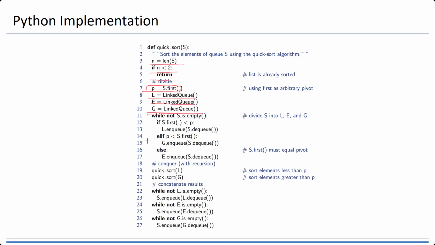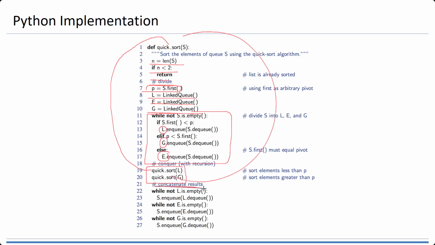And then we do the splitting. Where is the L? Where is the G? And where is the E? After that, we will do the recursion, quicksort L, quicksort G, and after that, we will combine, or concatenate, the result.